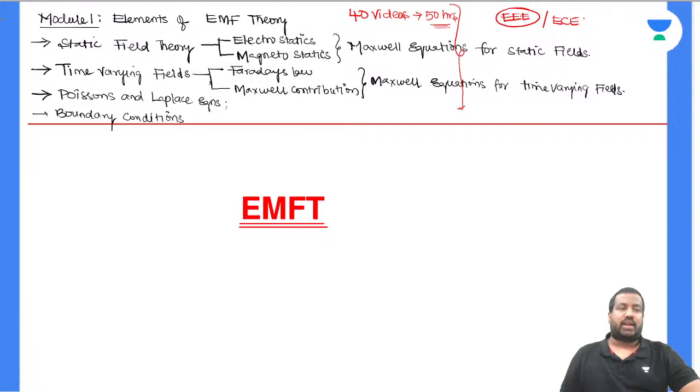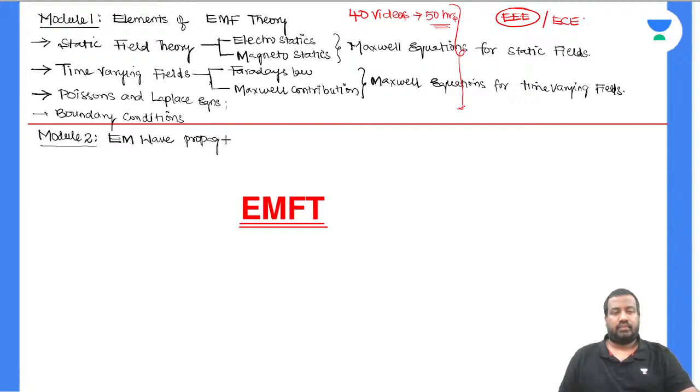Then for EC, now we are continuing module 2. Module 2 is about EM wave propagation. Once Maxwell equations for time varying fields are derived, from this we can easily derive the wave equation from Helmholtz equation.